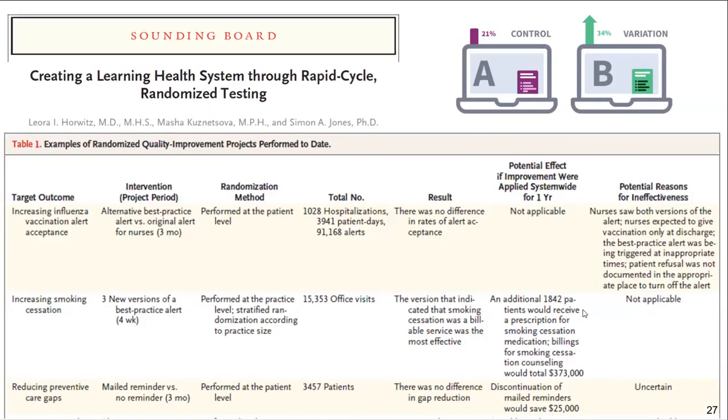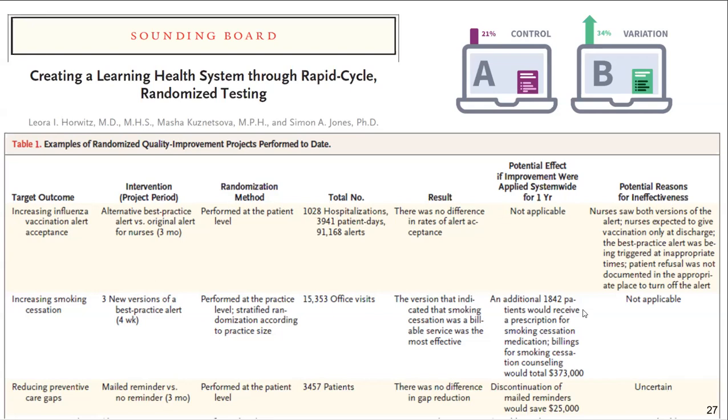In residency, when I first got exposed to research, my closest mentor was Leora Horowitz. She's now director of the Center of Healthcare Innovation and Delivery Science at NYU. She's done really great work. This was pre-pandemic, and during COVID, they produced some of the largest data studies about what patients were coming in with, complications, their risk and outcomes for COVID patients.